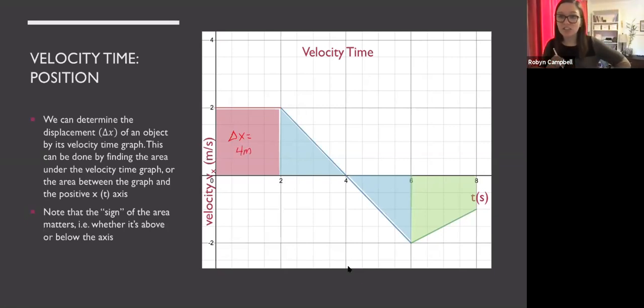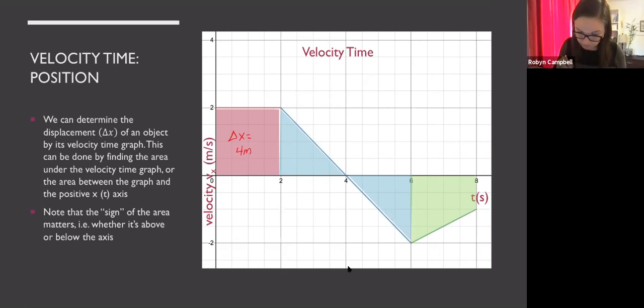So if you started at 0 meters, your initial position being 0, after 2 seconds you're going to be at 4 meters. Okay, so you can draw a graph that way. One thing that's very important is that the sign of the area matters.